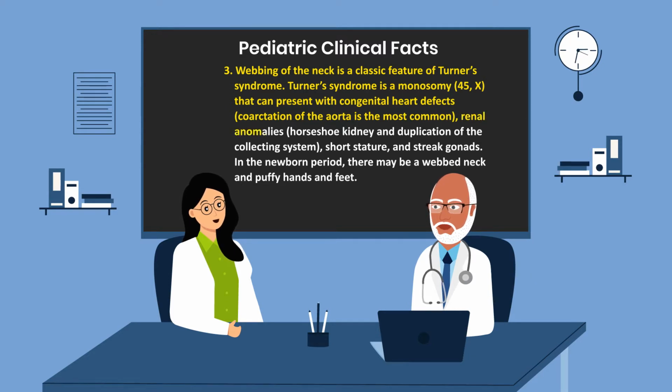Renal anomalies, such as horseshoe kidney and duplication of the collecting system, may be present. Short stature and streaked gonads. In the newborn period, there may be a web neck and puffy hands and feet.